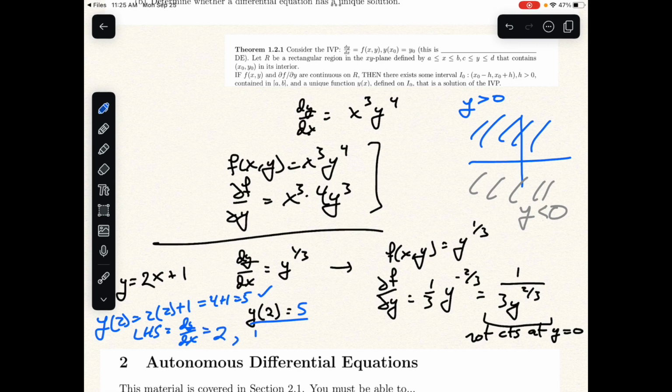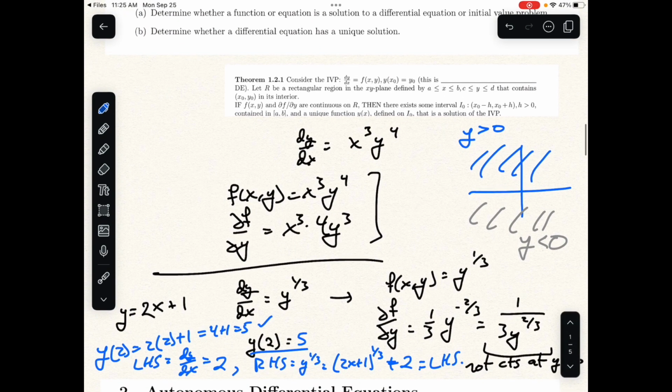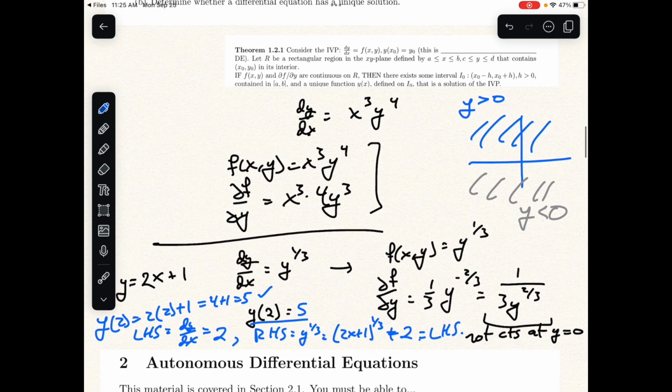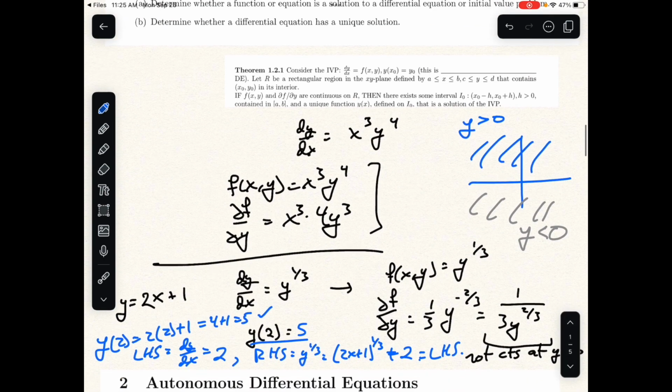But then your right-hand side, which is y to the 1/3, is going to be the cube root of 2x plus 1, which is decidedly not equal to your left-hand side, which is 2. So because you're getting different things here, that would not be a solution. If you got the same thing, then it would be a solution, right? Same thing, solution, satisfies it.